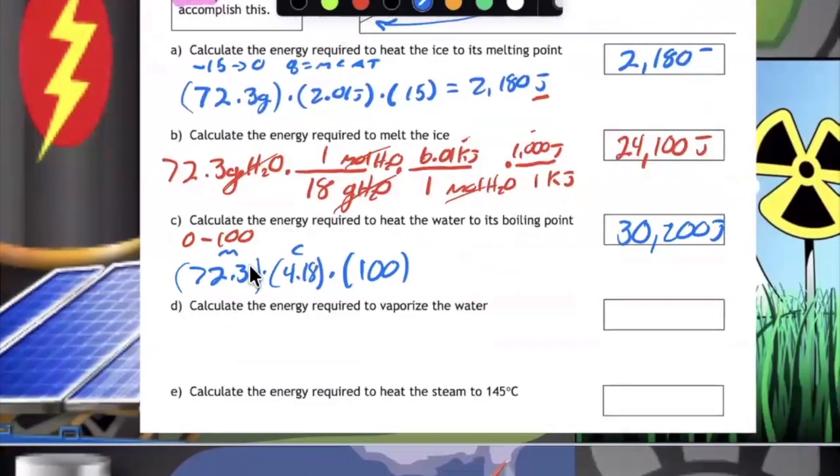Okay, energy required to vaporize water. So this is the same thing I did up here. The only difference is I have a different C value. So let's just go ahead and run through the whole thing anyway. So let's start with 72.3 grams of water. Let's convert grams of water to moles. And that is 1 over 18.